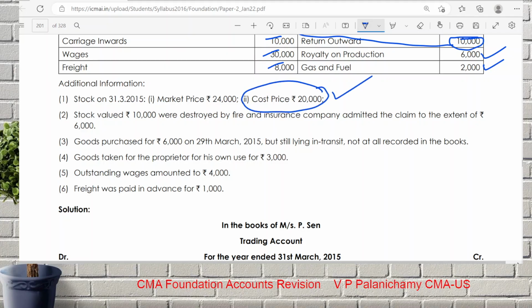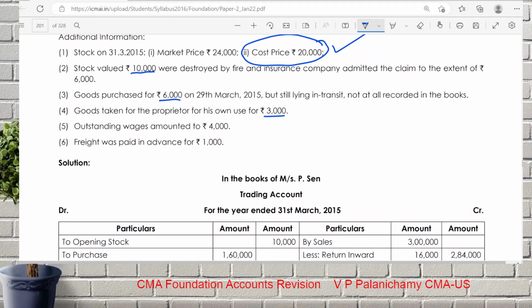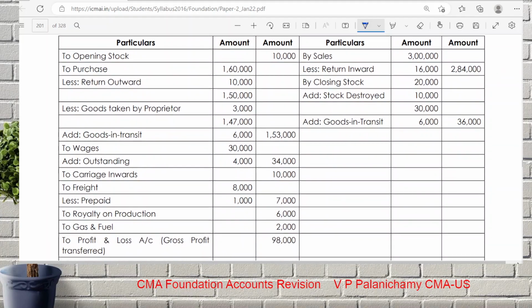Closing stock will be valued at cost or market price, whichever is less. Stock valued, how much is destroyed? 10,000 is destroyed. It will be reduced from purchases. Then goods in transit 6,000 is given. Goods taken by proprietor for personal use is given. Outstanding wages, you will add it to wages. Freight paid in advance, you will reduce it from freight. So opening stock, purchases minus returns outwards, goods taken by the proprietor and goods in transit.